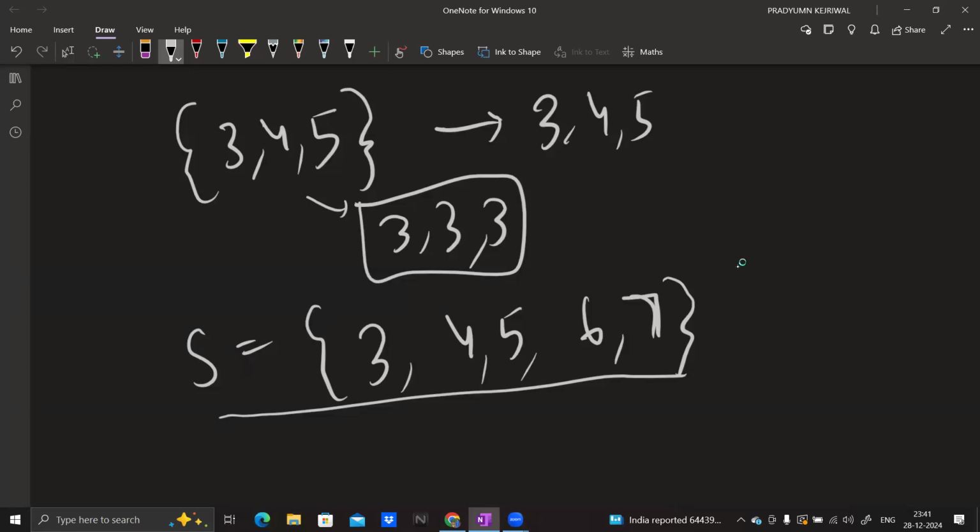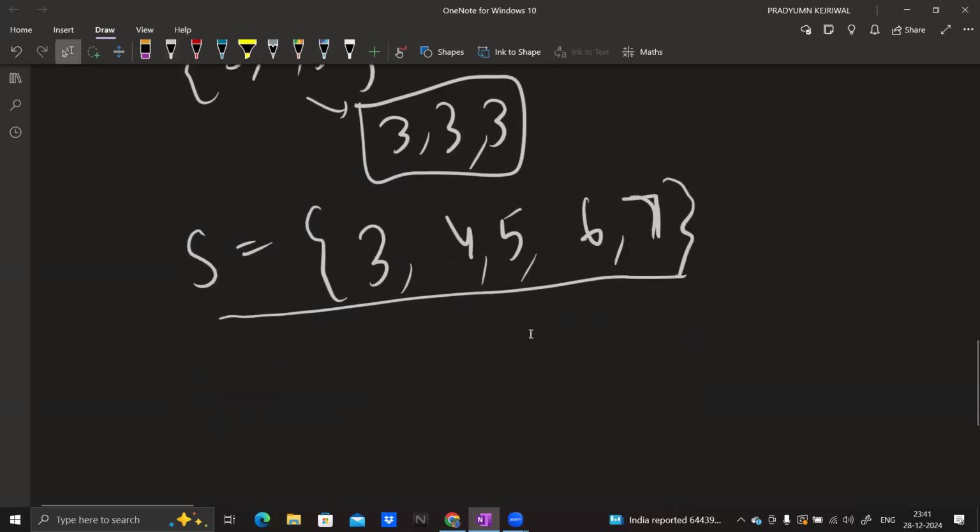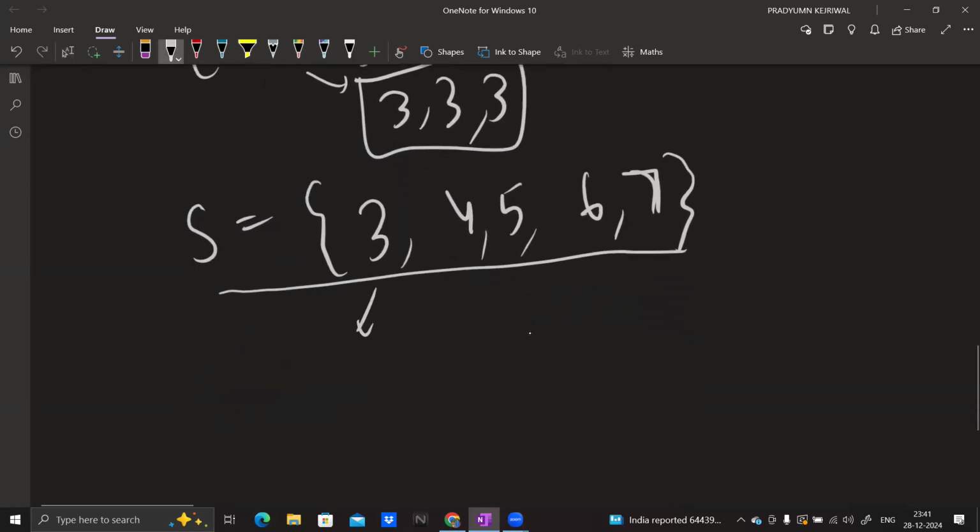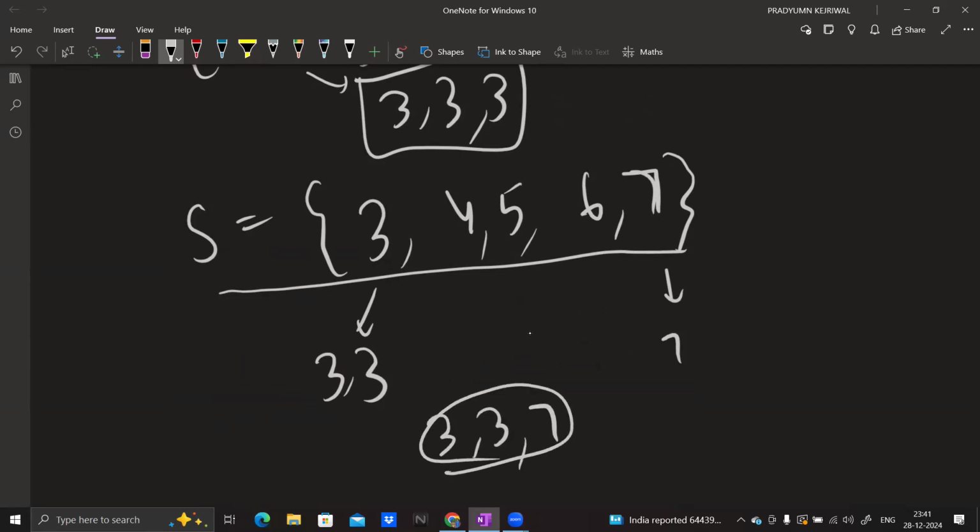No, it is not stable, because you can take 3 and 3 from here and 7. Basically, you can take 3, 3, and 7, and this can't make a triangle, right? So whoever said yes, do they understand why it isn't stable? Yeah, so it is not stable.